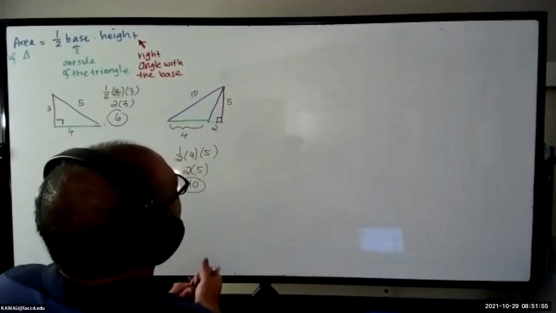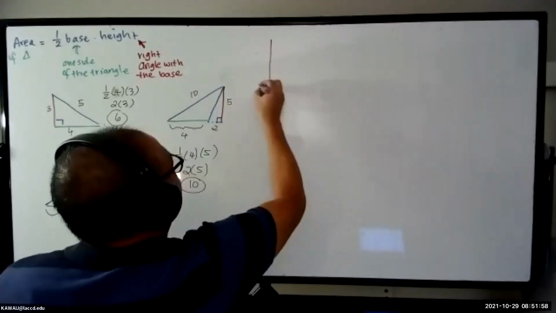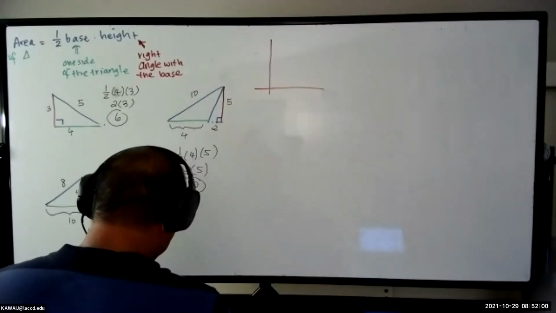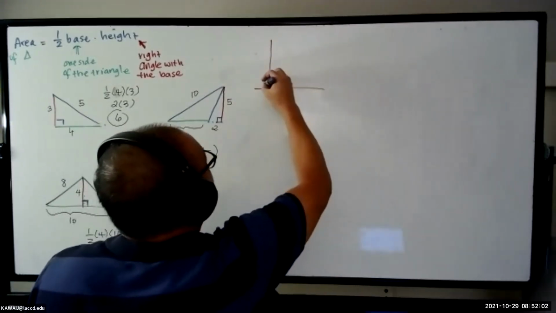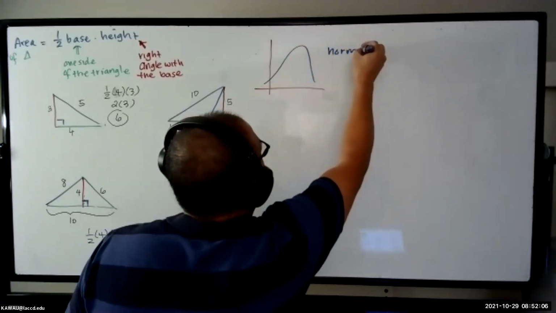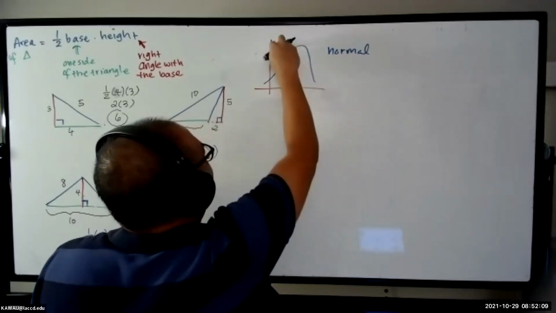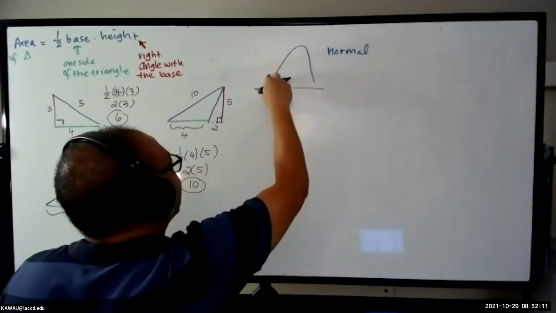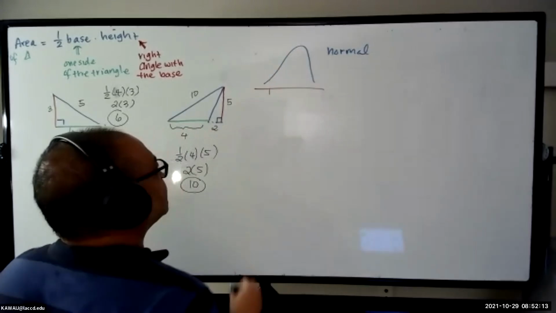I sample a whole bunch of people and I list them in groups. So over here, we call this a normal curve. It's just the shape right there.